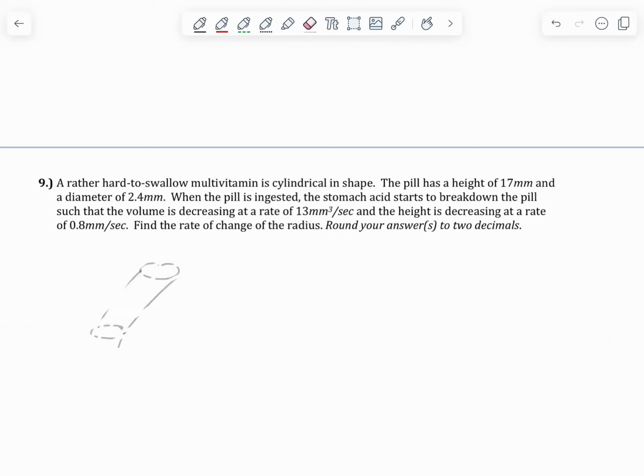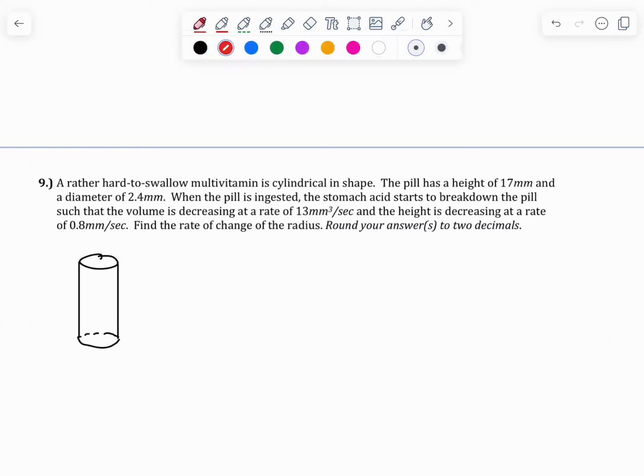It's a right cylinder. Yes, I did mean that. It's like this. And we know that the original diameter is 2.4, and its height originally is 17 millimeters.